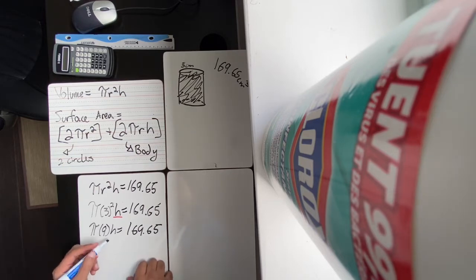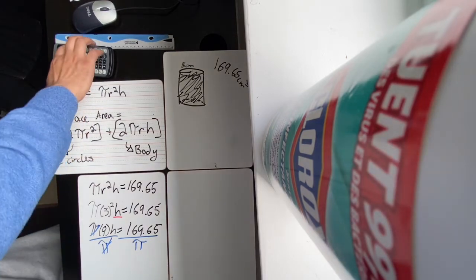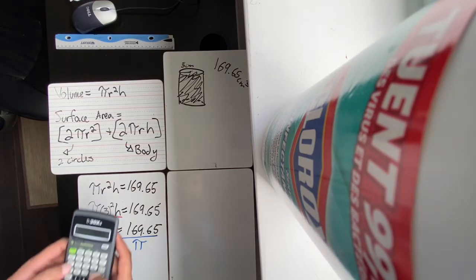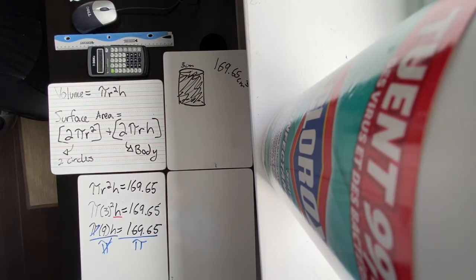So pi 9h, we'll divide by pi to get rid of it, which means we have to divide this side by pi. 169.65 divided by pi is 54. So on this side, we're only left with 9 times h. 9h equals 54.